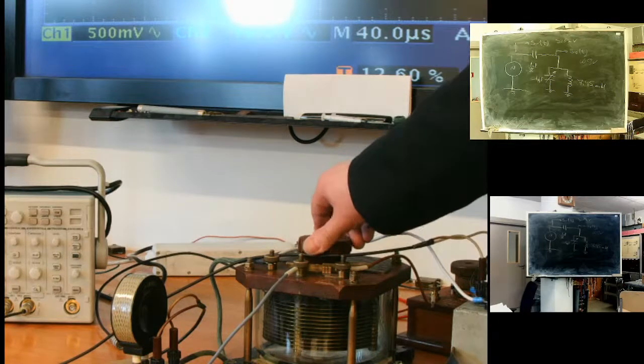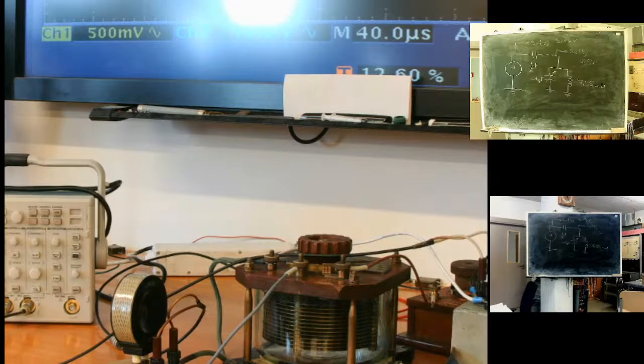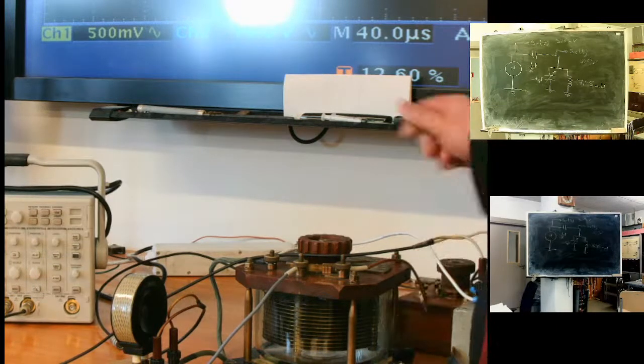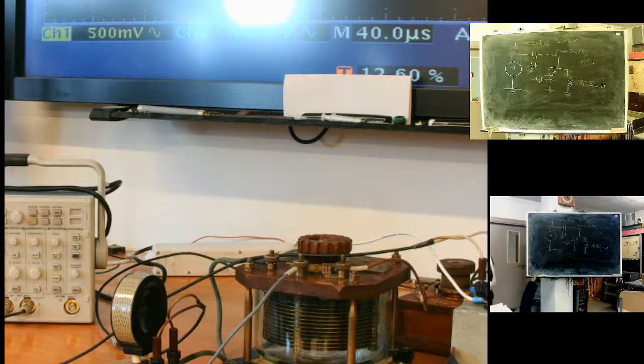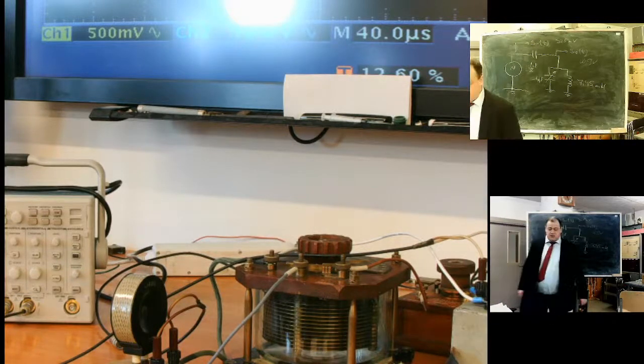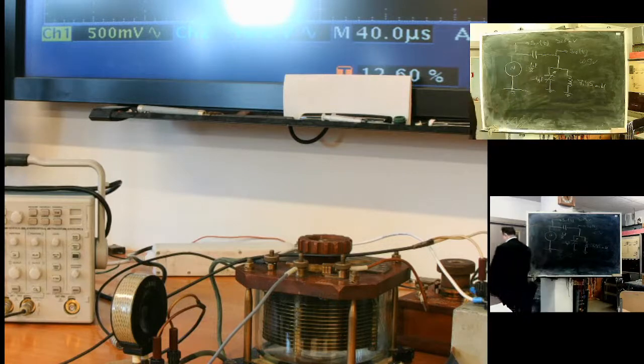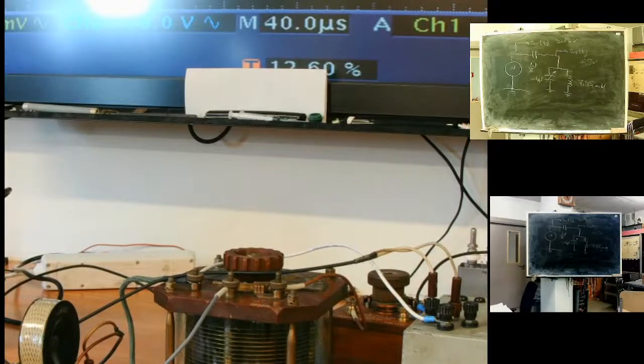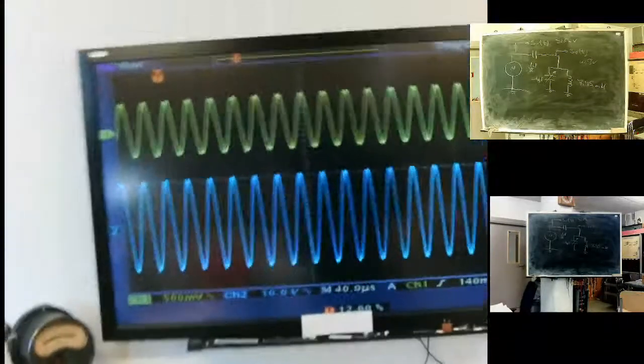Capacitor, I can change it. And this small box is an internal capacitor. It is needed to reduce the influence of the generator. I'll explain.